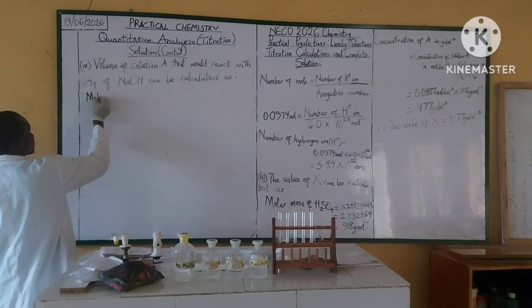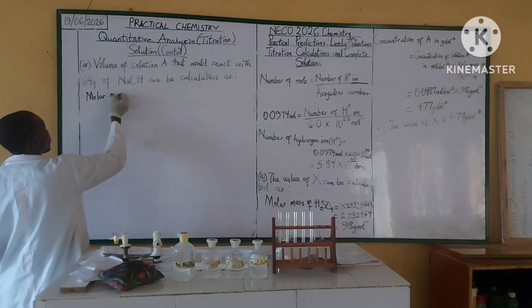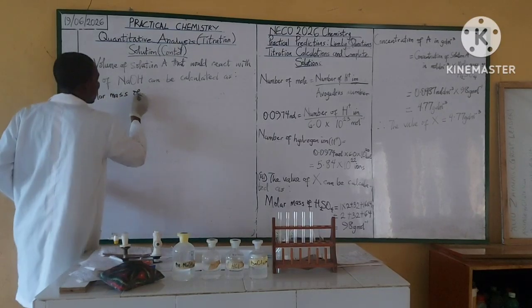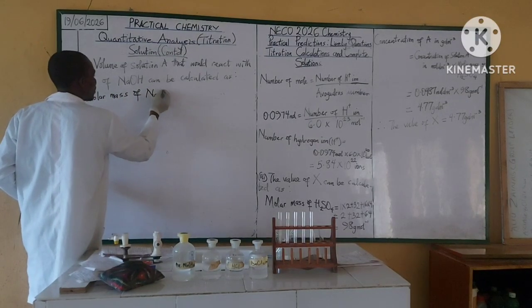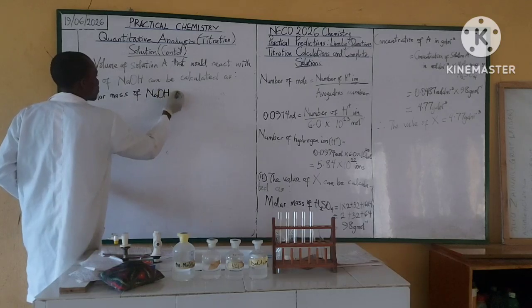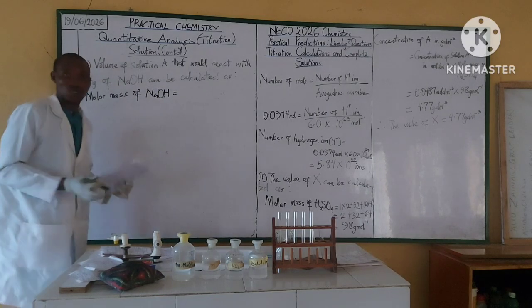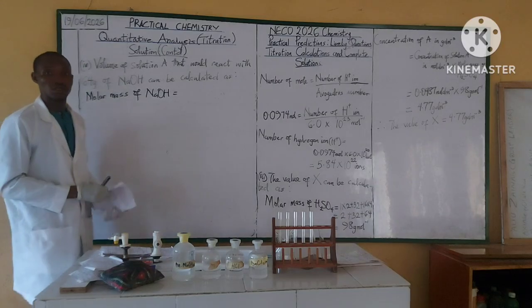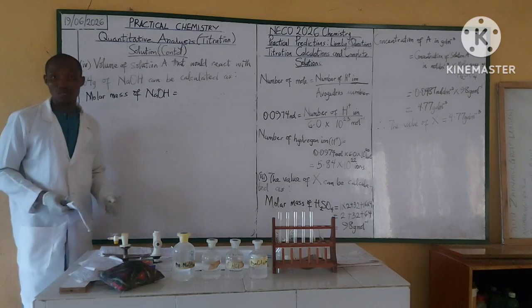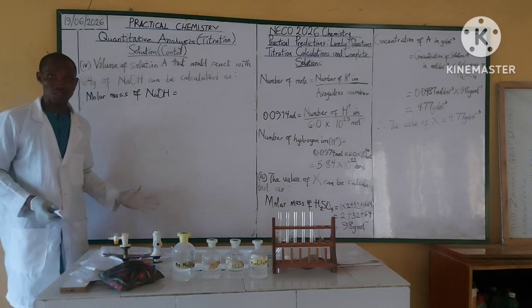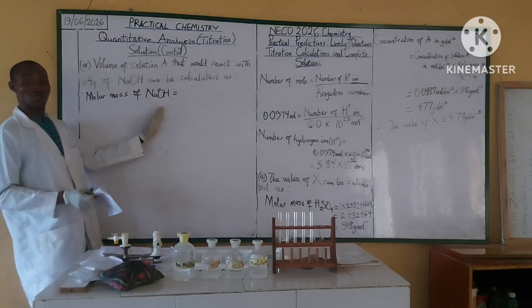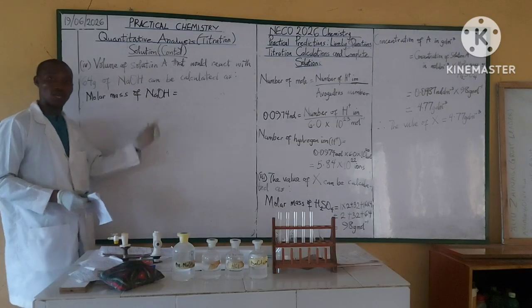The molar mass of sodium hydroxide. If you look at that, the atomic mass of sodium is always given to be 23. The atomic mass of oxygen is always given to be 16, while the atomic mass of hydrogen is always given to be 1.